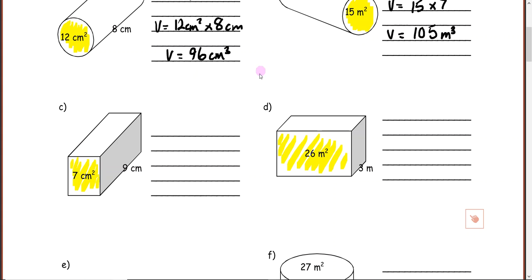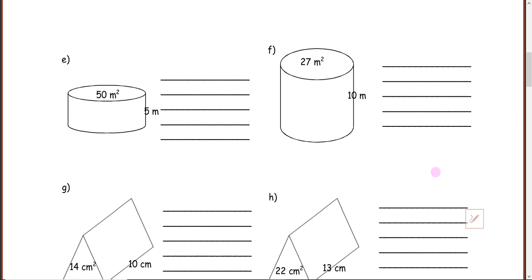But it is as simple as, this one is 7 times 9, which is 63 cubic centimetres. This one is 26 times 3, 78 cubic meters. How are you getting on so far? Good. Alright? It's quite simple, isn't it?